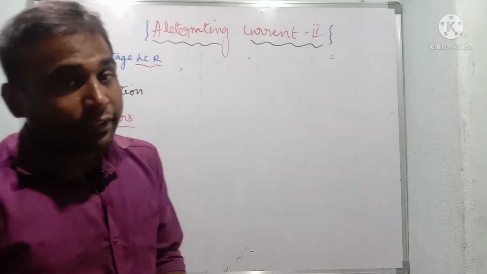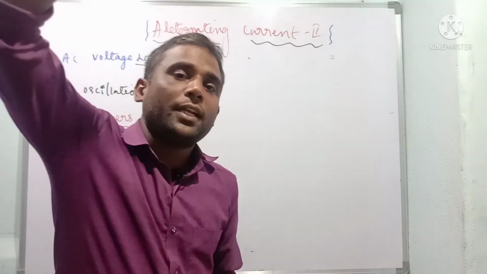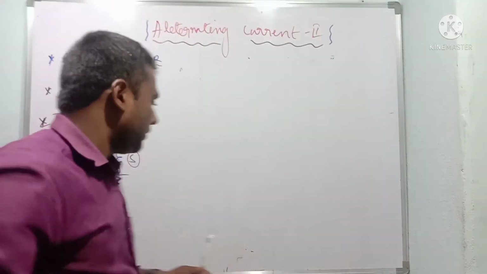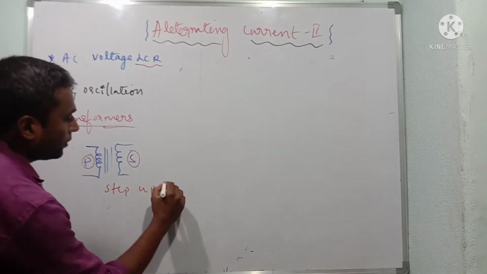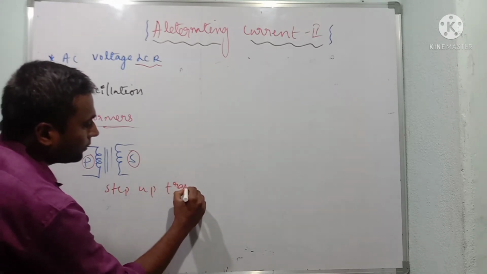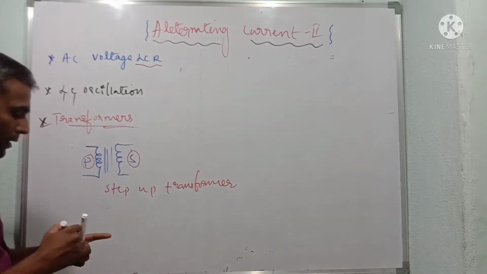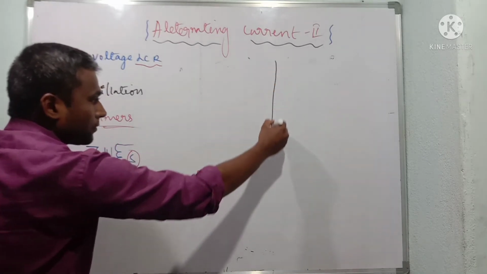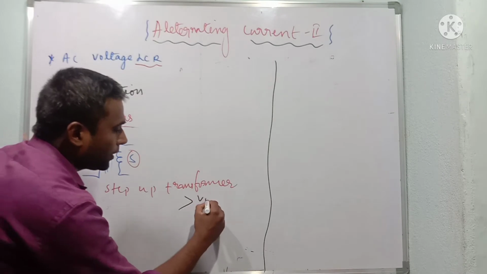So after understanding the definition of transformer, there are two types we can find. Step up transformer, step down transformer. Step up means what? Very simple. Let us understand, very simple. The transformer which increases the voltage.